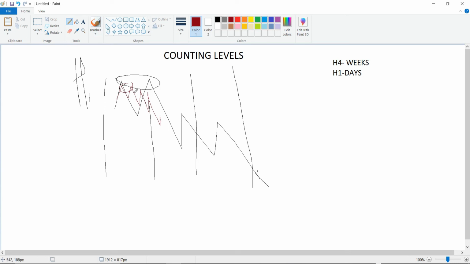So you could have your first, second, and third level in your H1, but in your H4 it's just your first level that you're cutting into. That's how you identify that. Let's go into the charts.